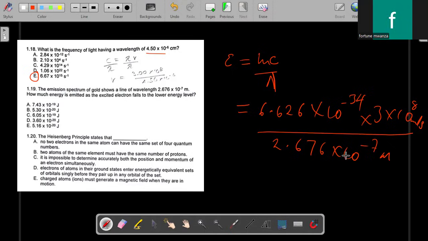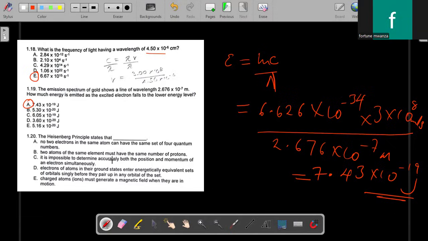So we divide those two, and you're going to get your energy to be 7.43 times 10 to the power negative 19 joules. So this is your energy. So the answer there is A.